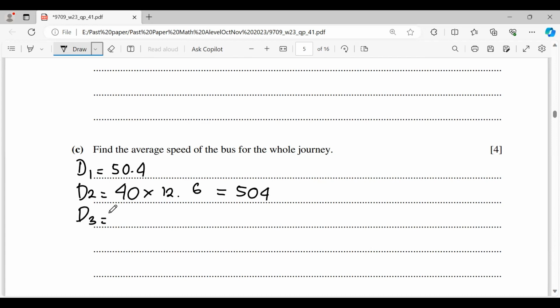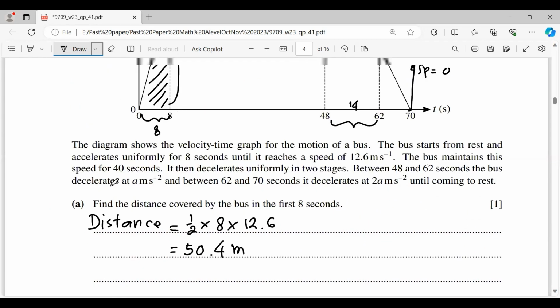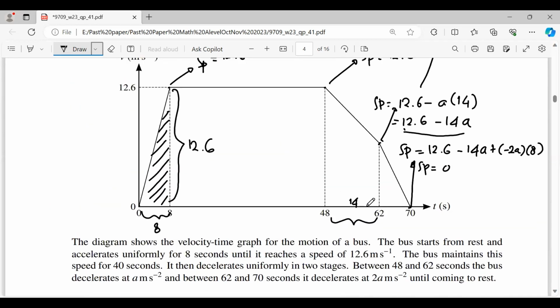Distance 3, a triangle, 14, okay, times, oh, this is not a triangle, it is a trapezium.